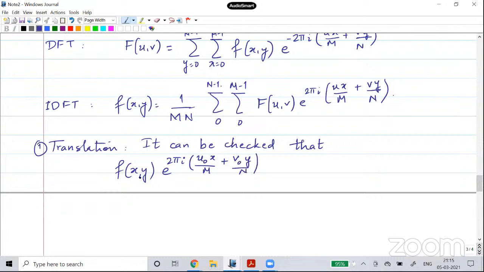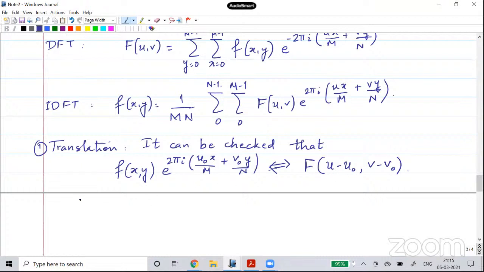Okay, so you have this function f(x,y) to begin with. Now you're multiplying it with this and looking at the Fourier transform of this. Then the Fourier transform of this will be F(u minus u naught, v minus v naught). So if you multiply the original function with this, then the Fourier transform is shifted. Okay, so that is what this means.